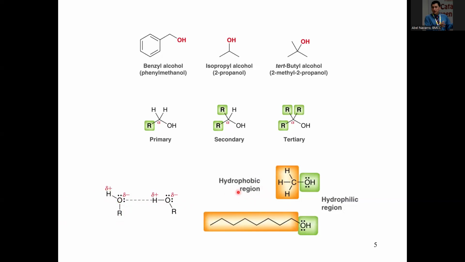There are so many examples. DNA has a lot of OHs. Proteins, amino acids, some of them have OHs, for example serine, threonine, and tyrosine, which is a phenol. Tyrosine, serine, and threonine are the only three amino acids that have OHs. Sugars are all full of OHs; they are all polyhydroxylated compounds.